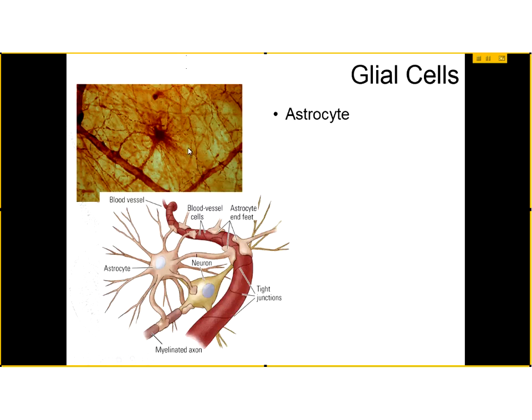Another function of astrocytes is that if there's some type of damage that occurs in the central nervous system, let's say a stroke or an open head injury, something where there's acute damage, the astrocytes will actually form a kind of physical barrier that will quarantine those damaged, dying neurons and their proteins and neurotransmitters in place.